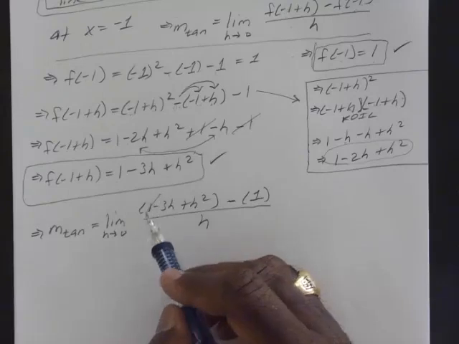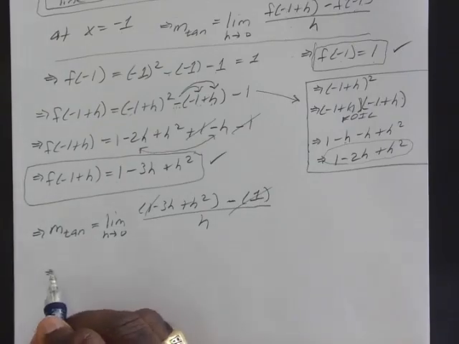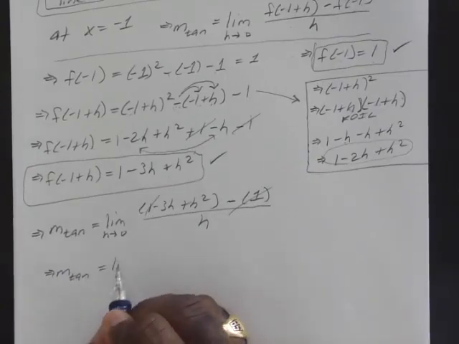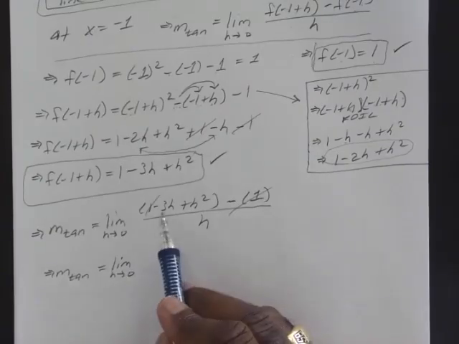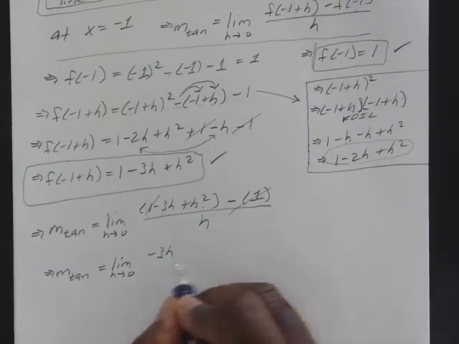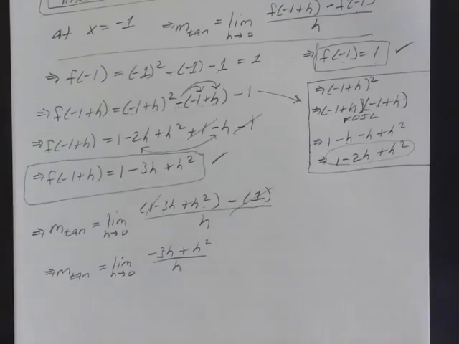Okay, so this 1 and this minus 1 cancel each other out. That means our slope of the tangent line is the limit as h approaches 0 of negative 3h plus h squared divided by h.